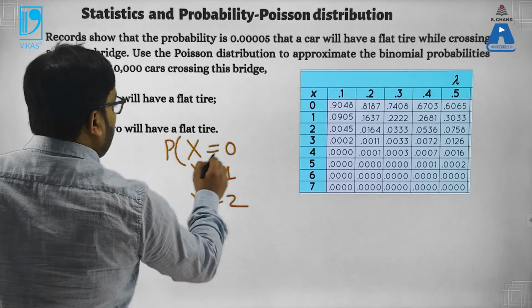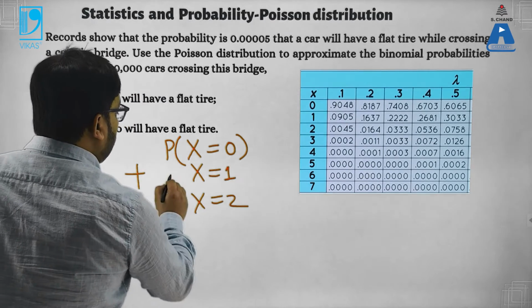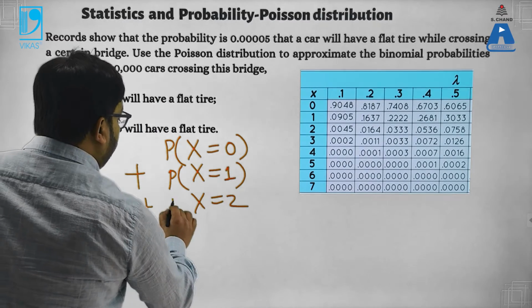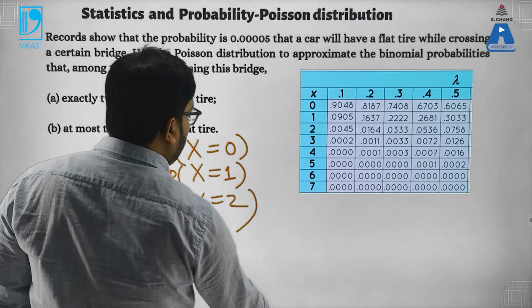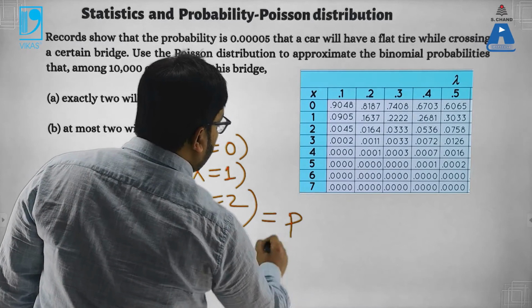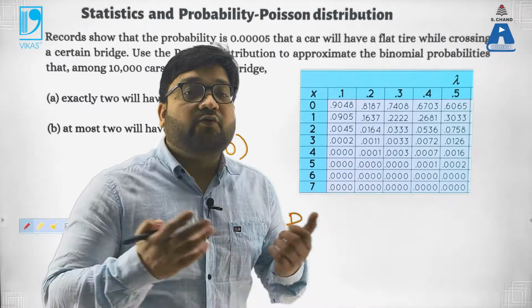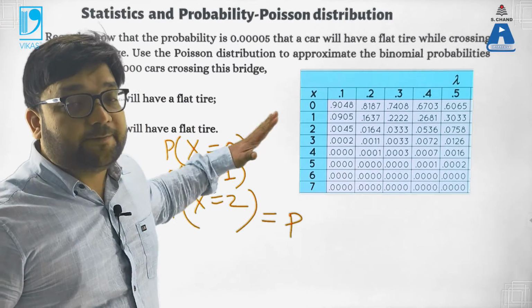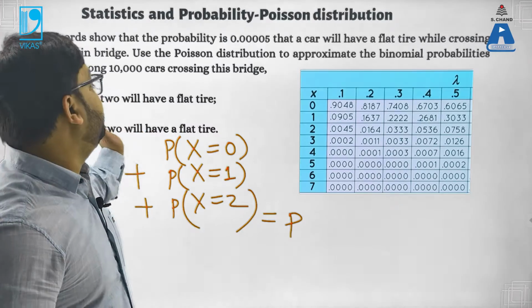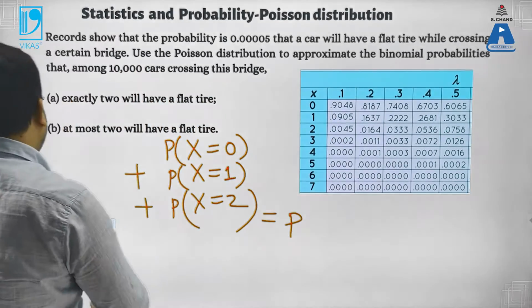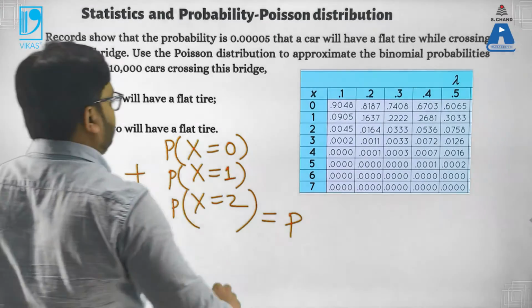So I need the probability for x equal to 0, plus the probability of one car going flat, plus the probability of two cars going flat. That is the final probability I need. If you want, you can use the same formula that we used in the first part to get the required probability, or we can simply refer to the table here.